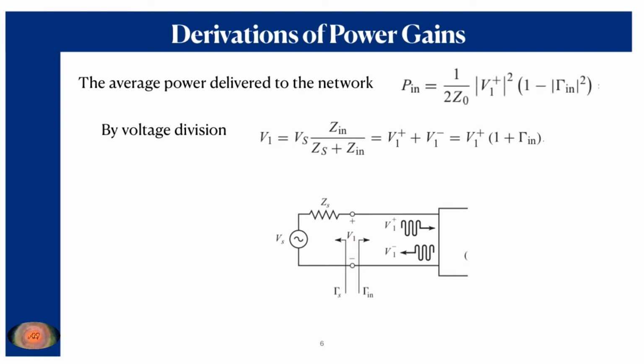So V1 is actually the voltage appearing across the input impedance, and that is being derived from Vs. So the simple voltage divider rule is quite enough to define V1 across the input impedance. But this V1 is nothing but the total voltage, that means the incident voltage wave plus the reflected voltage wave, where the reflected voltage wave can also be related to the incident voltage wave by the reflection coefficient if this is not equal to 0.